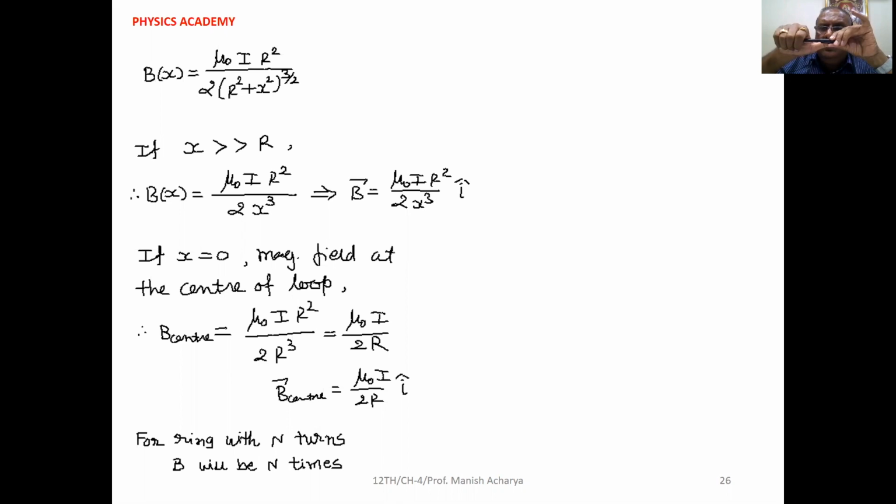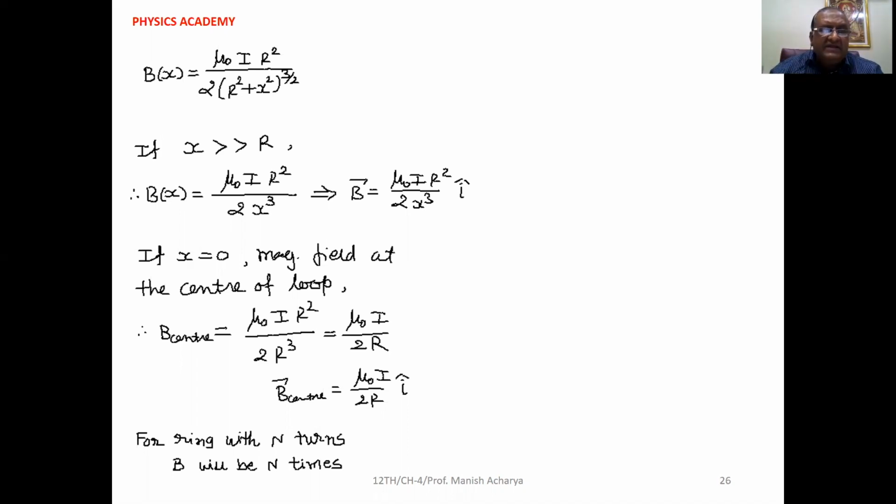You have to hold your conductor in your right hand in such a way that the thumb is in the direction of the current. The fingers enveloping the conductor show that the magnetic field produced by it is enveloping the conductor.